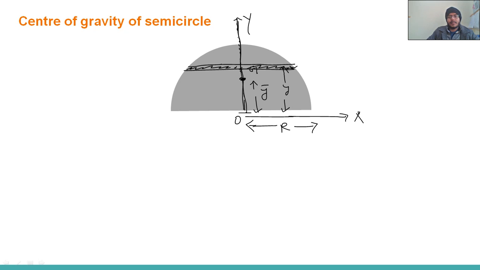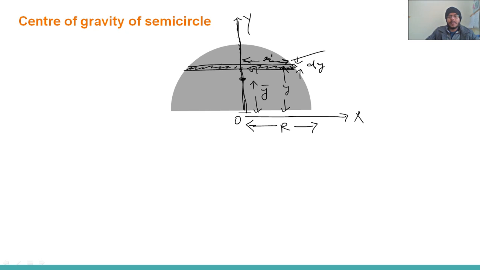And the width of this small segment will be dy. Now the problem is what will be this length. I am taking this to be r dash, or a small r.